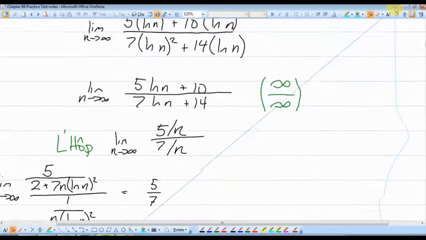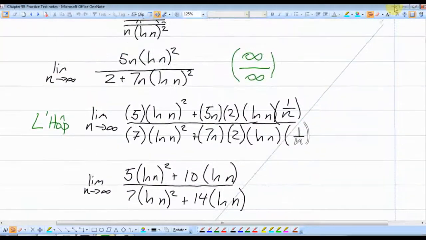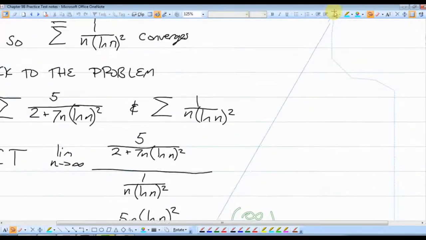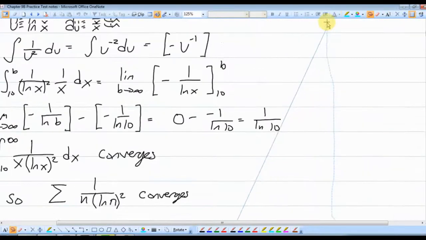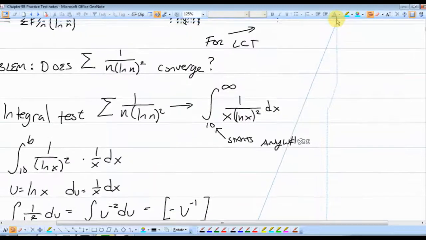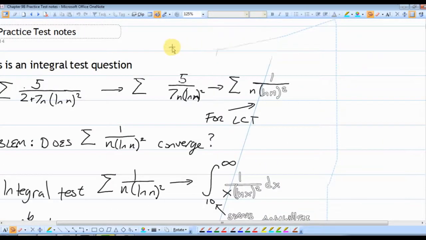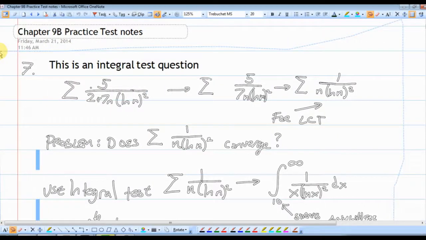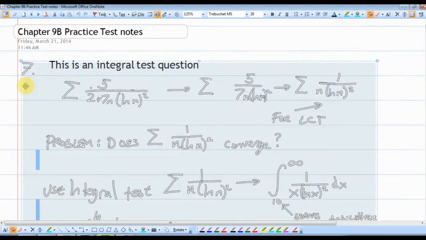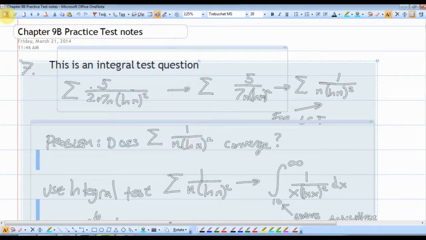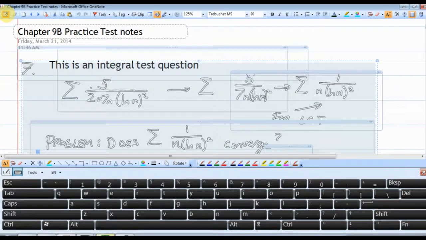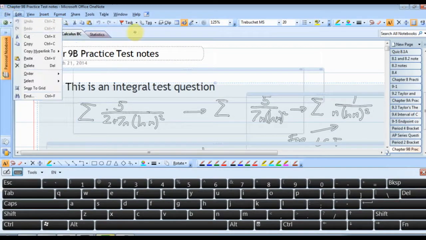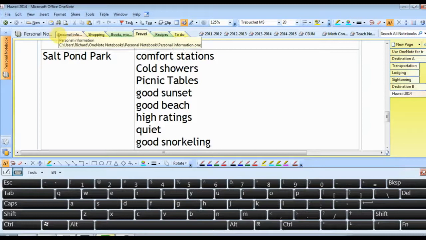We didn't learn it. Do we still need to be responsible for number 7? We didn't learn the integral test. What about 11? Can we see?